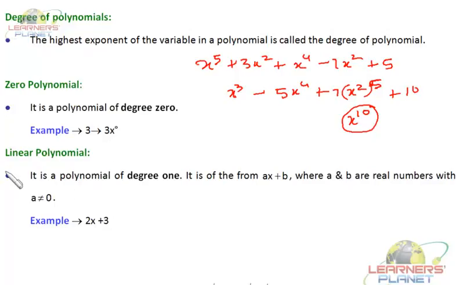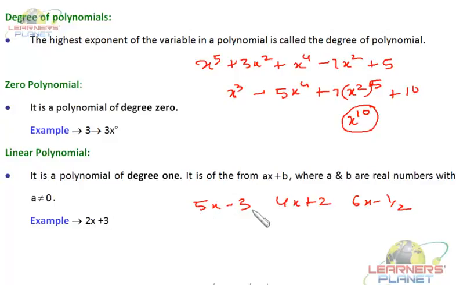Similarly, what is a linear polynomial? It is a polynomial of degree 1. It is of the form ax plus b, where a and b are real numbers, and they can be any numbers, any non-zero numbers we can say. Let's take an example: 2x plus 3. We can say 5x minus 3, 4x plus 2, 6x minus half.